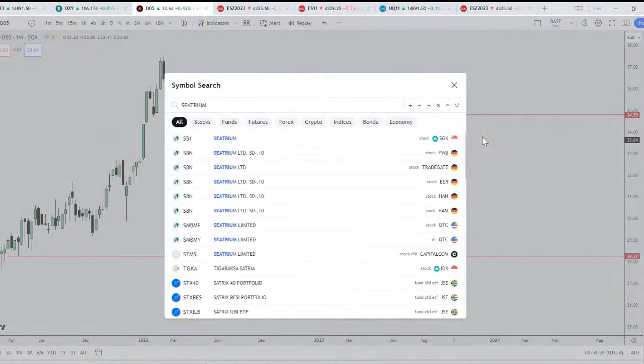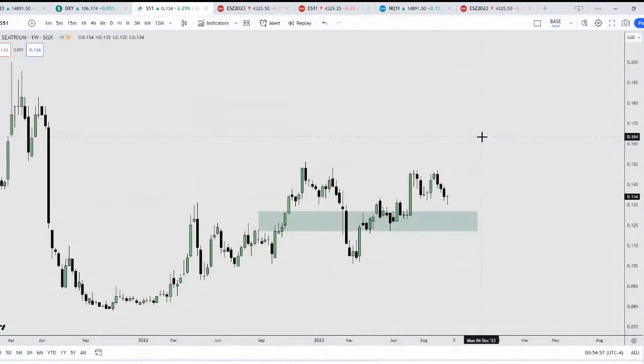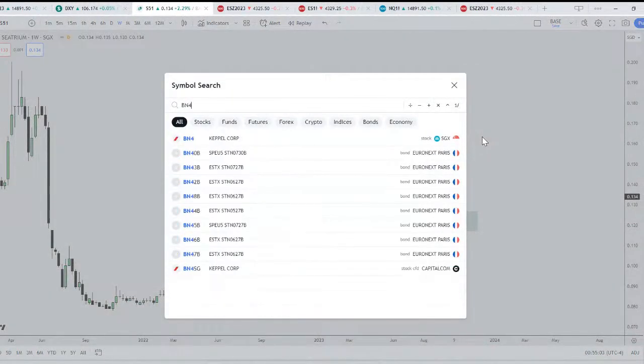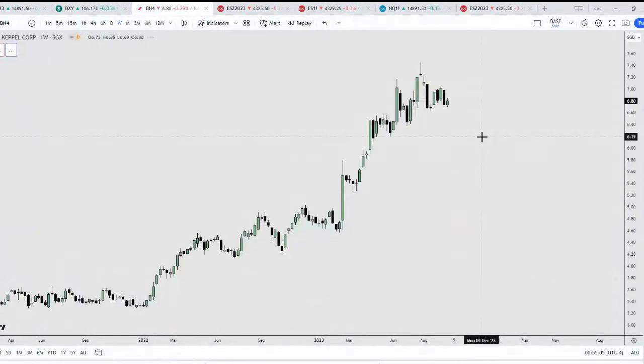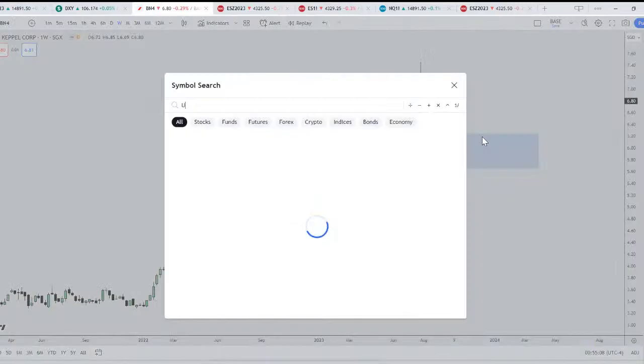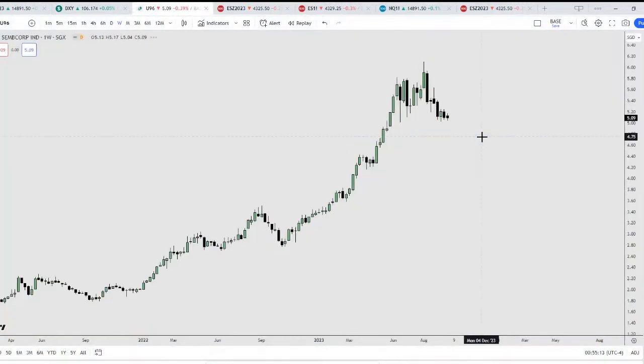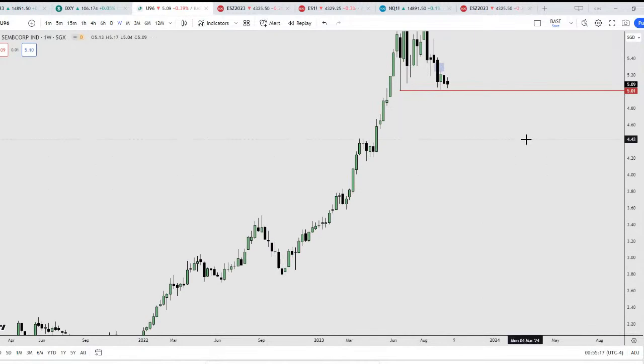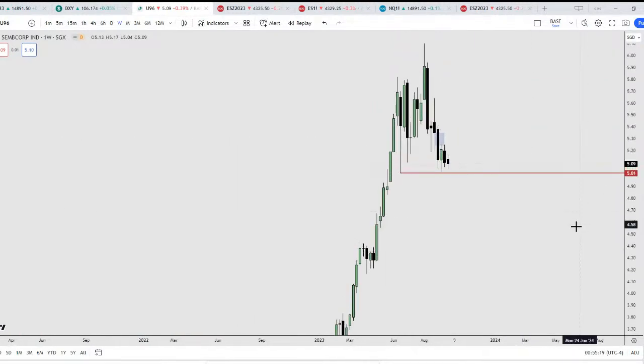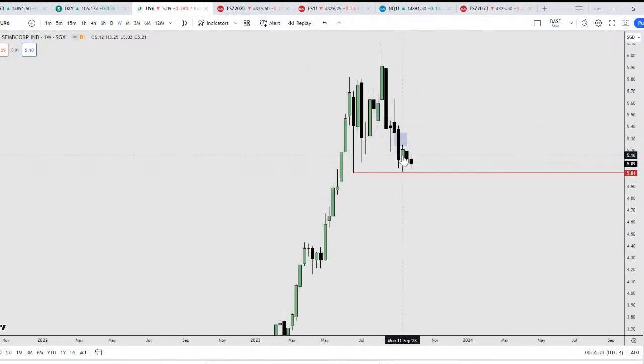Citron, same thing. BN4, Capel Corp, same thing. U96, Semcorp, same thing as well. So nothing much happening really.